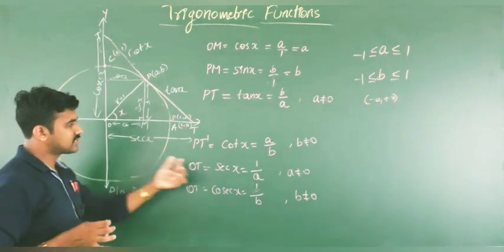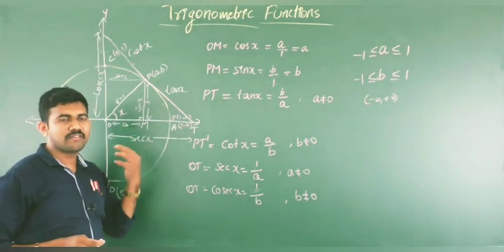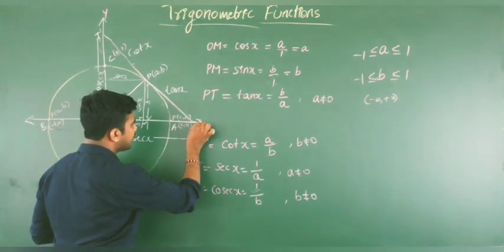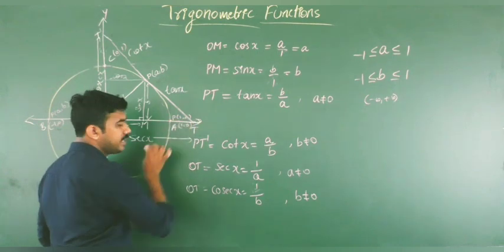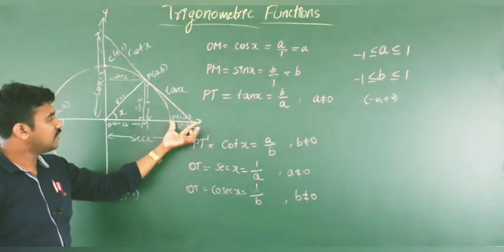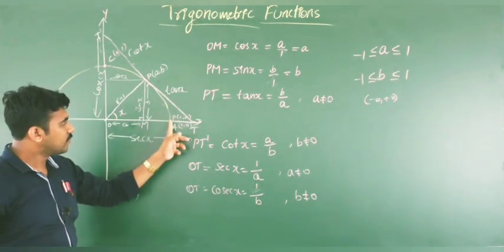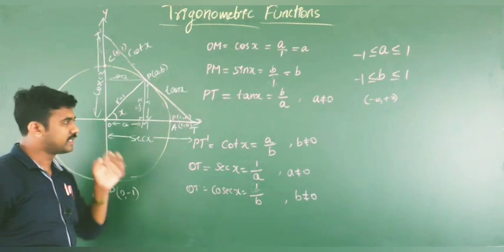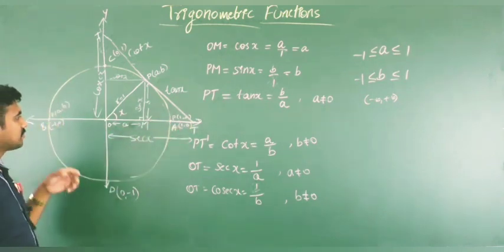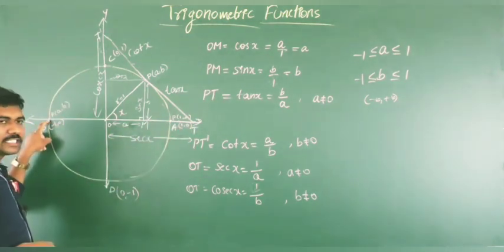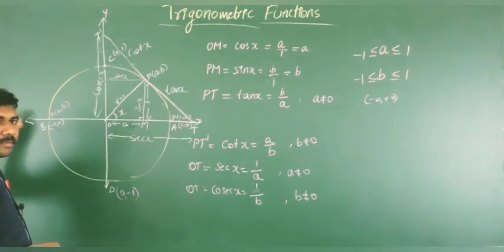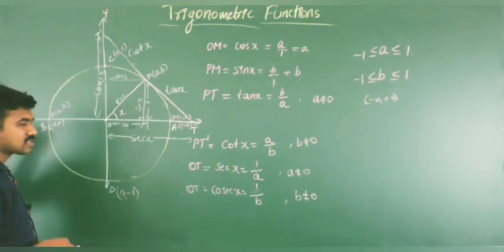Since secant x is the reciprocal of a, we can take values greater than or equal to 1, including 1, and it increases. The value of secant x is greater than 1. Okay, the least value, the minimum value here is 1, and the maximum is infinity, not defined. In the same way on this side, the maximum value is -1, and the minimum value is not defined here.